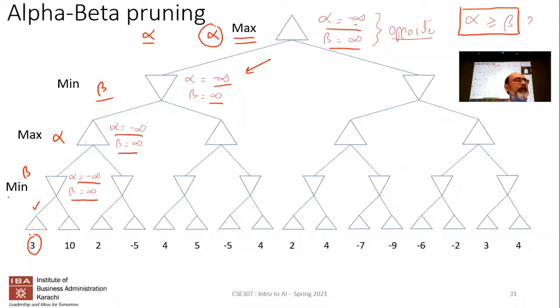Well, it's only looking at 3 right now, so it's going to make it 3, because 3 is less than infinity and it's trying to pull the max layer down. Is alpha greater than or equal to beta? Alpha is minus infinity, beta is now 3. We're only assigning the beta value.